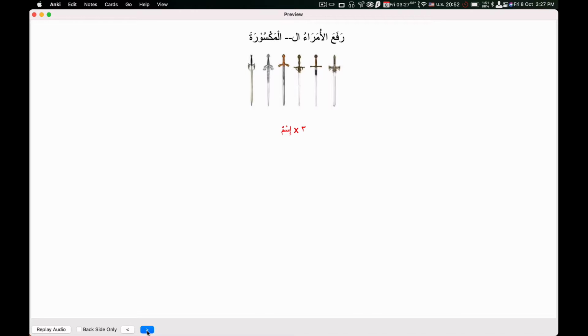In this situation, we can see the image clearly as swords. You have 6 over there. So I'm giving myself a hint that it is ismun, which is a noun, multiplied by 3 times. The hint there is that this is a plural. I know the singular form of sword is soifun, and the plural form is suyufa.